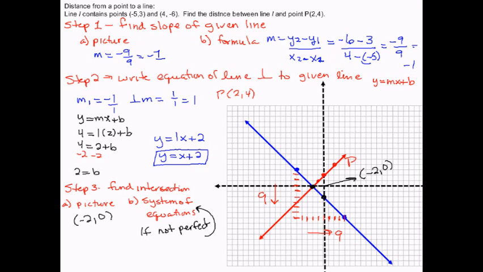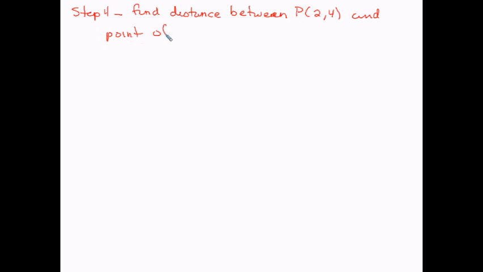Now at this point, I have to do the last step. And I find the distance between P, which was 2, 4, and the point of intersection, which was negative 2, 0.